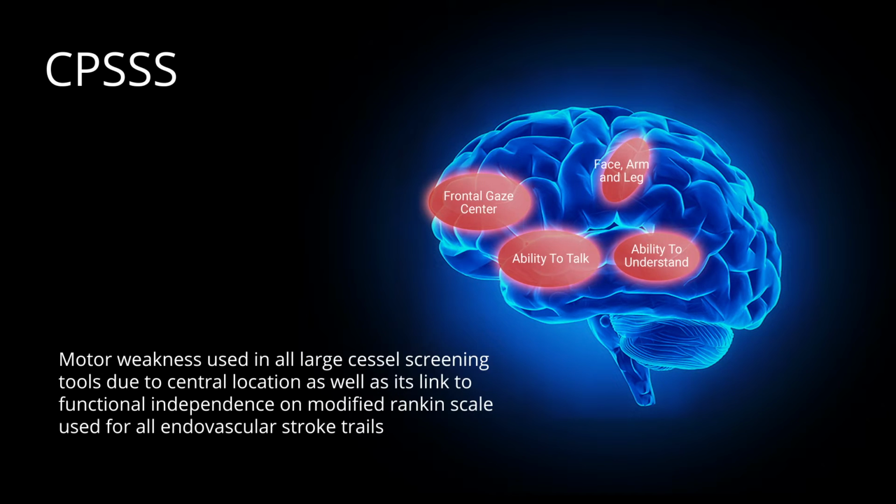But this is what's really powerful. I've never seen somebody who has forced gaze, can't talk, and their arms are perfectly fine. I've seen that maybe once in 3,000 cases. And so really, if you think about it, with the Cincinnati Prehospital Severity Scale, you do have to have some weakness with the cortical symptoms. So under vision, gaze, and under aphasia, right? Because they're asking you to follow commands.